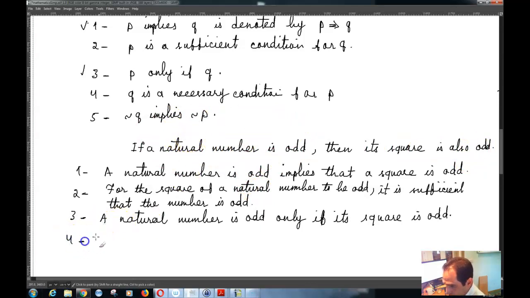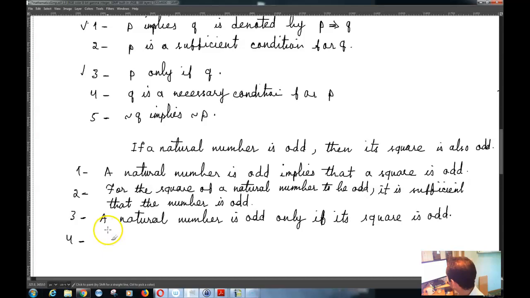And number 4, we said that Q is a necessary condition for P, meaning that over here what that means is that if a natural number is odd, then its square is necessarily odd. That's how you can say it. So for a natural number to be odd, it is necessary that the square is odd.